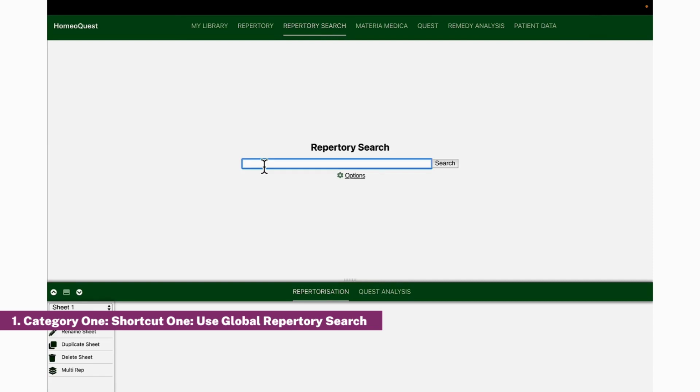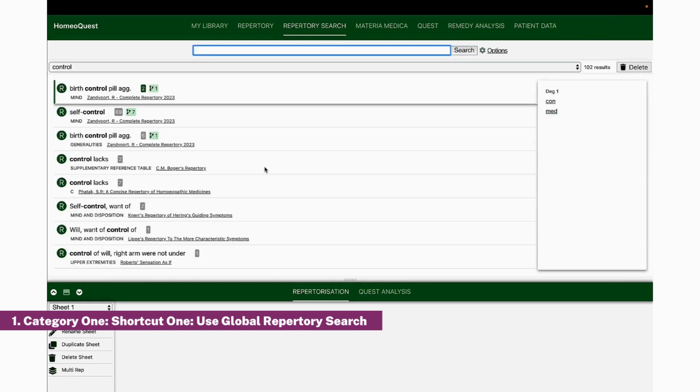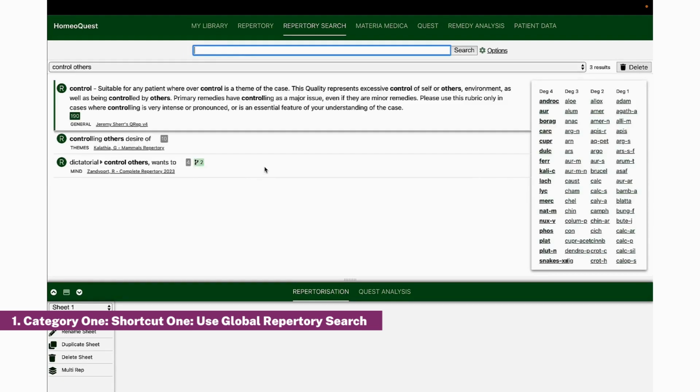And if you put here control, we have lots of different rubrics for control. If you put control others, you can see there are 3 more rubrics here. One is Jeremy's Q repertory, which has 190 remedies.